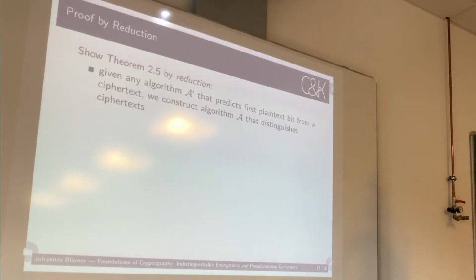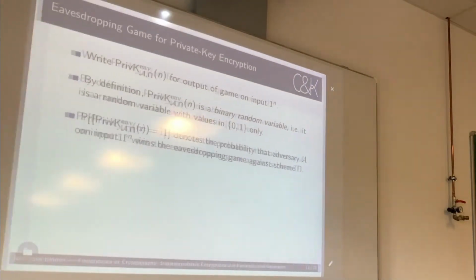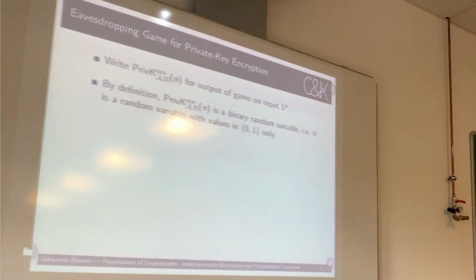So from one that predicts plaintext, we construct a new algorithm that we can use in our game here. Okay? But it's not immediate, right? Because in this game we have to generate messages. That's not something that the A prime will do, because in its setting it's not required to generate messages on its own. It gets something from outside. So there's something to be done.